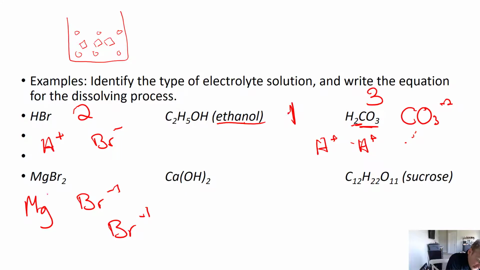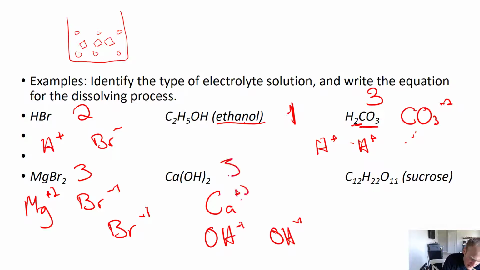That's 3 particles. That 3 is going to be important. CaOH: you got a Ca, you got OH, and you got another OH. Okay? 3 particles. Sucrose, if it ends in -ose or -ol, those are covalent, which means they'll only make 1. It's not going to disassociate.